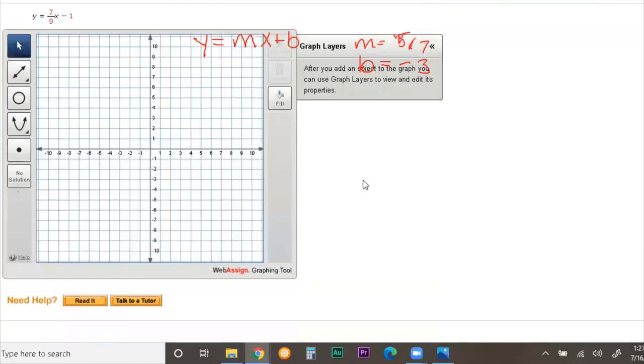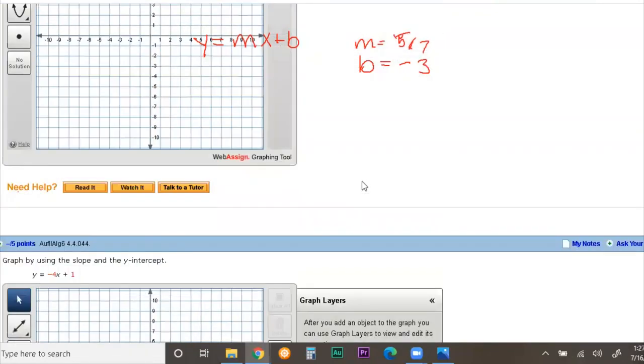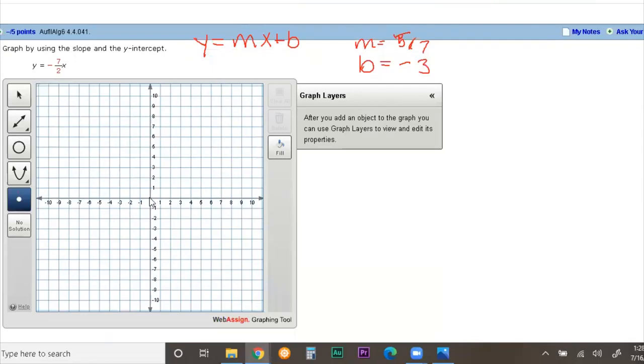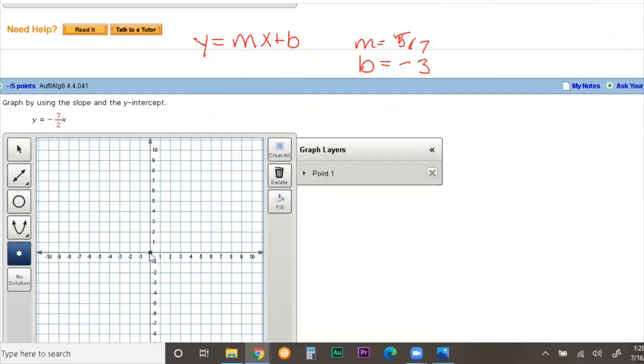We talked about these in Objective 10. For this one, when we have y equals -7/2x, because we don't see a plus b or minus b or anything, the y-intercept is 0. So our first point will be at 0, 0, which is the origin.